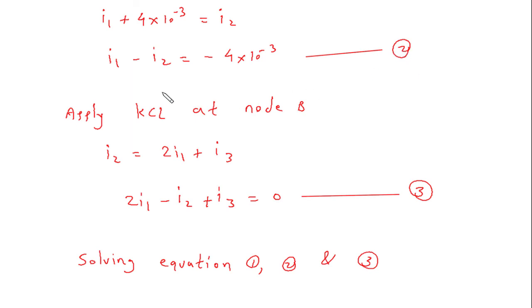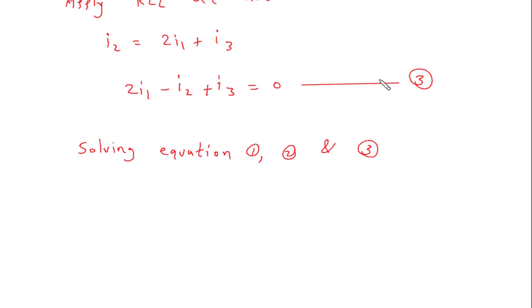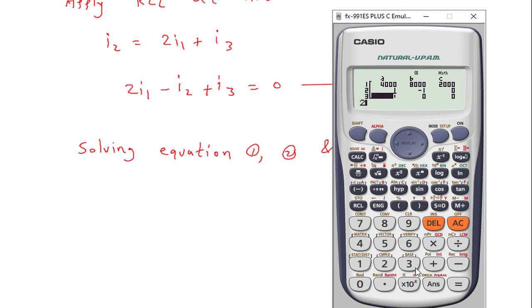From equation number 2, this will be 1, minus 1, then I3 is absent, so 0. This will be minus 4 into 10 raised to minus 3. At equation number 3, this will be 2, minus 1, 1, 0.